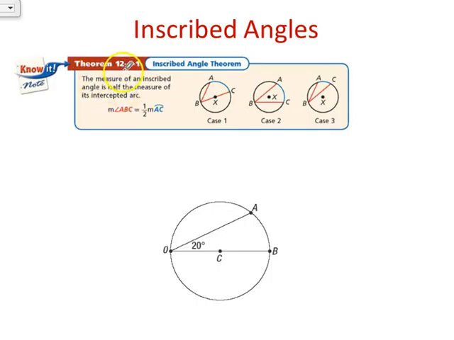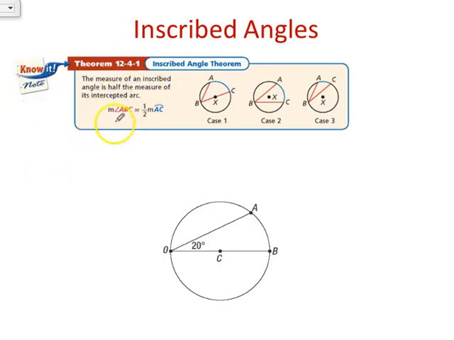And here is that formula. The measure of an inscribed angle is half the measure of the intercepted arc. So that's why we reviewed how to find the measure of an arc, because you're going to use the measurement of an arc to help you find the measure of an inscribed angle.